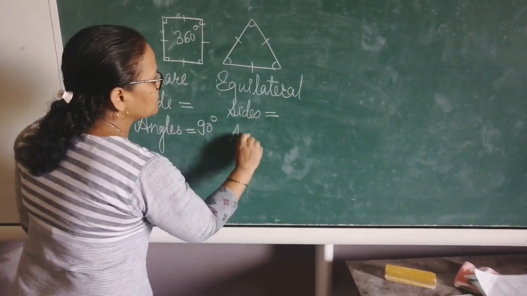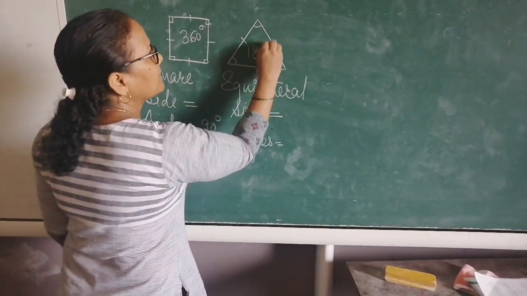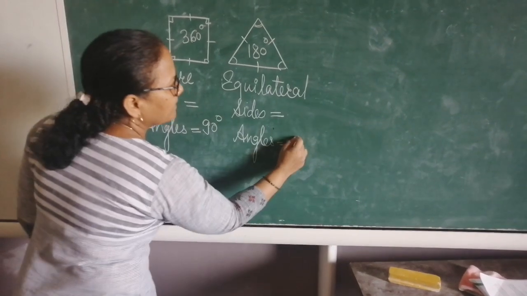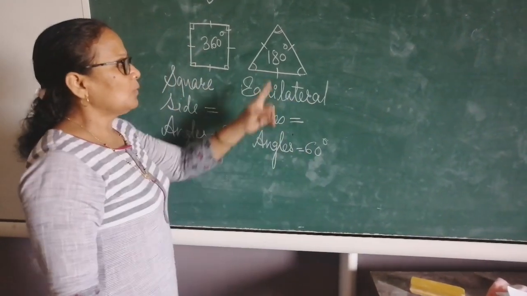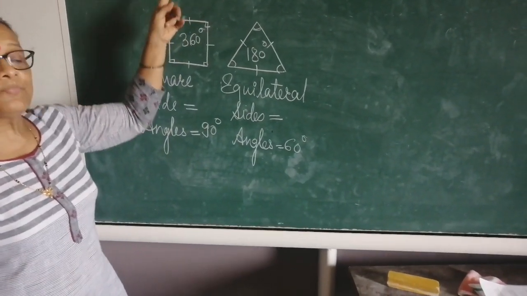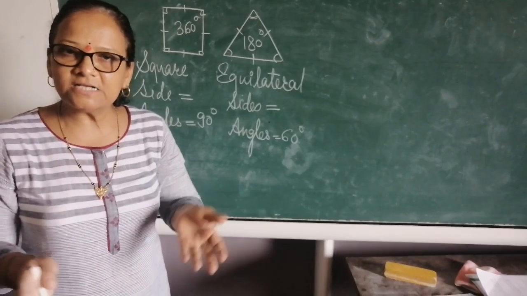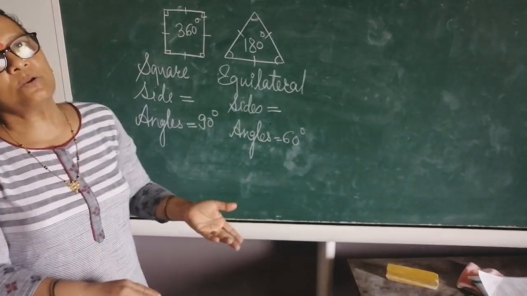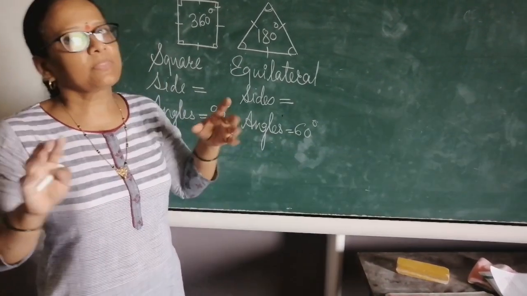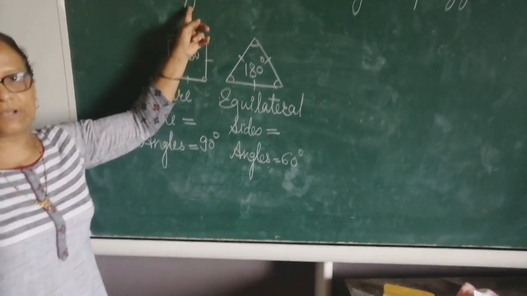You know the angle sum property of a triangle is 180 degrees, and if all the angles are equal, each angle will be 60 degrees. Then a regular pentagon has 5 sides and all interior angles equal. A hexagon is a 6-sided figure; if all 6 sides and interior angles are equal, it is called a regular hexagon.